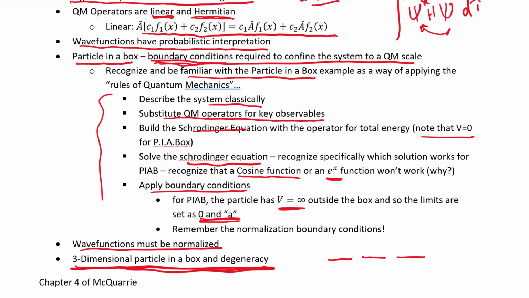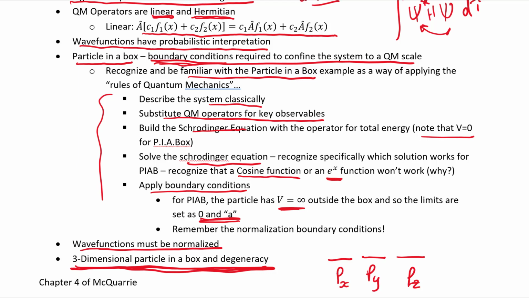We see this a lot with px, py, and pz orbitals, and we're going to use those as examples now that we've made our way through the entire course towards the hydrogen atom. So that's really the summary of chapter 3, so we move along.